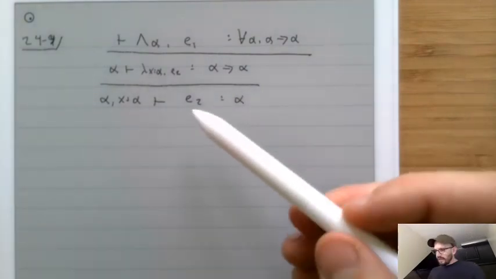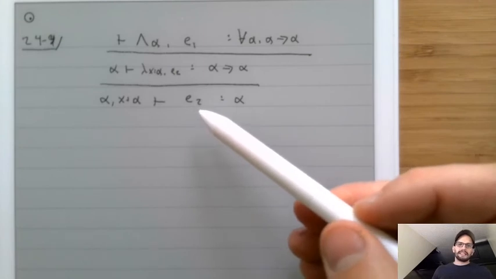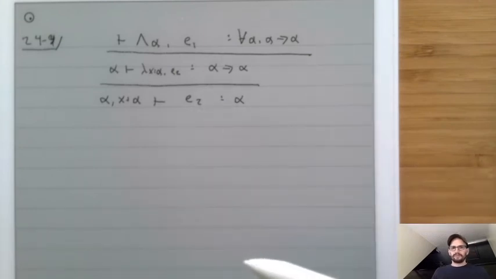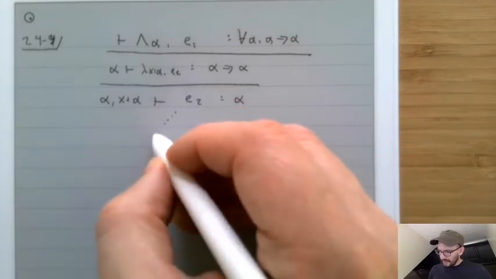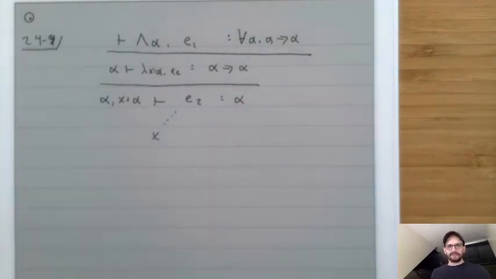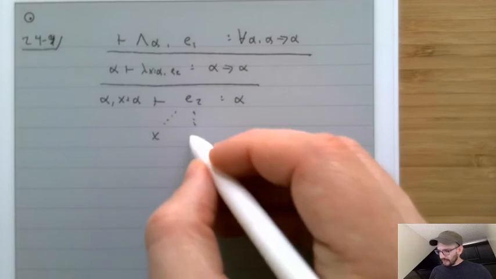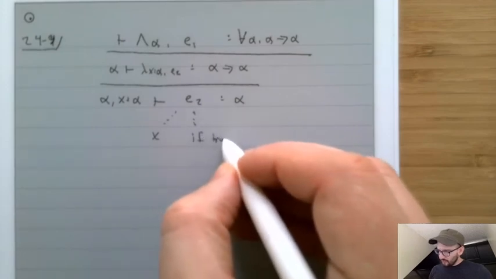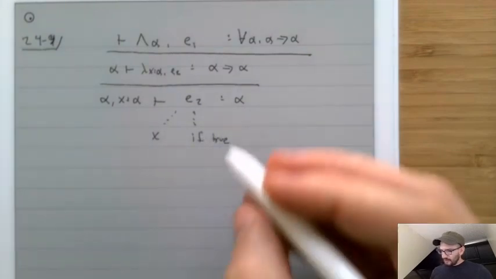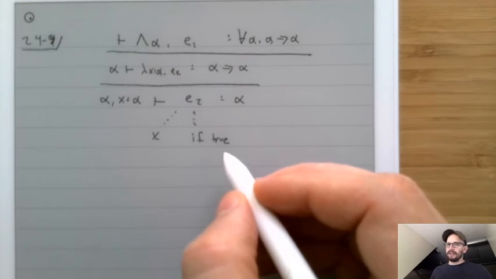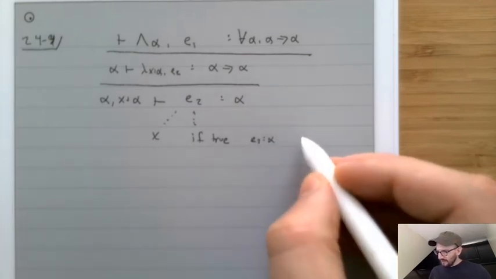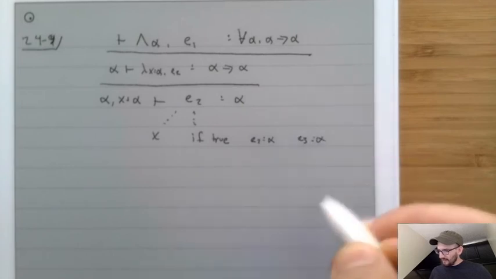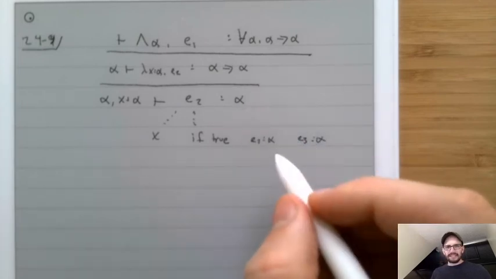Now, what are the different ways that we could get an E2? Here's one way that we could do it. We could have it be x. Here's another way that we could do it. We could say, if true, or really any expression involving a Boolean, and then we'd have to come up with an expression that's an alpha and another expression that's an alpha, which is actually kind of the same thing.